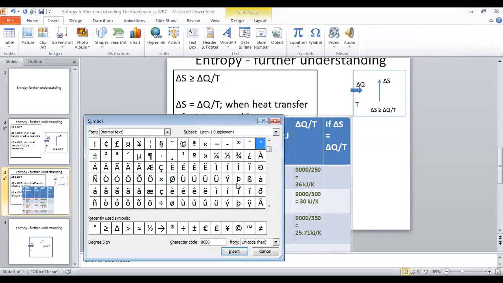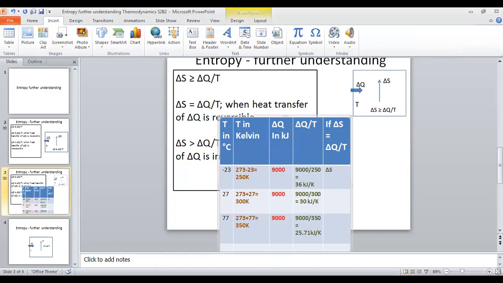Okay, I'm going to share with you a very important lesson, but this needs some analysis. Delta S value becomes 36 kilojoule per Kelvin. For the second case, delta S is 30 kilojoule.